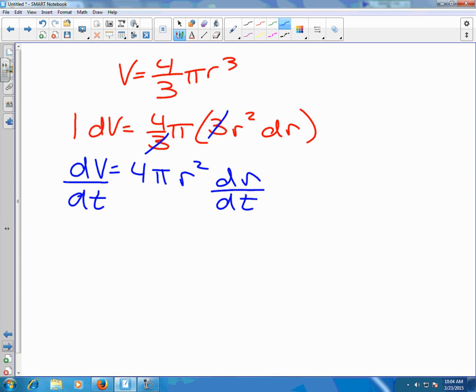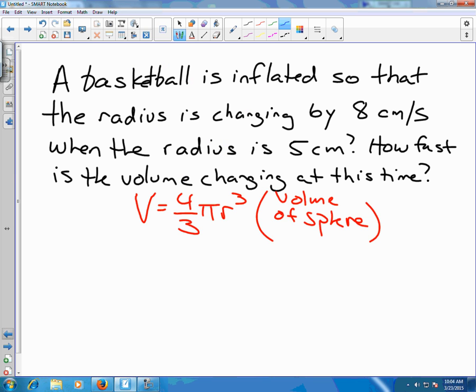And now we want to know how fast the volume is changing. We've got that by itself over here, so we can just plug everything in. 4 pi, we know the radius. This is where you have to be careful about which one's the radius and which one's the rate of change of the radius.